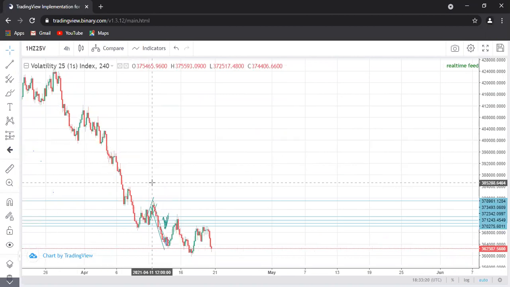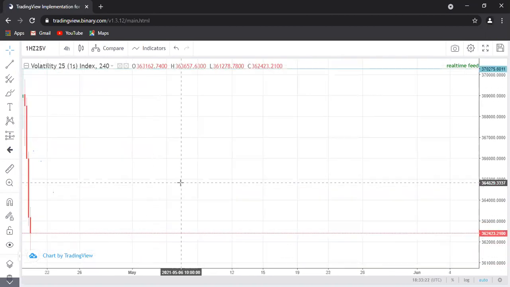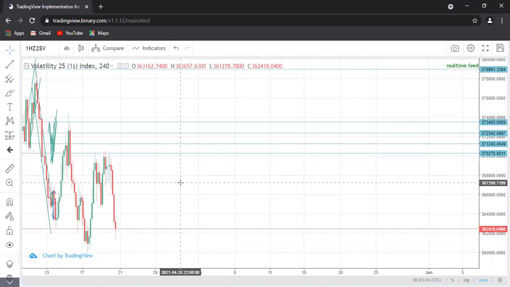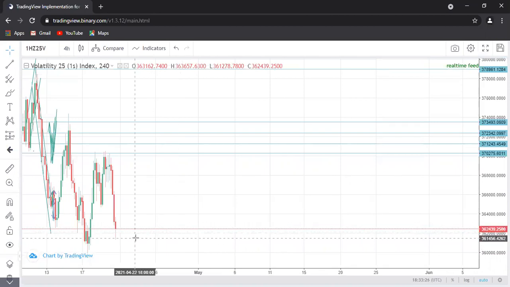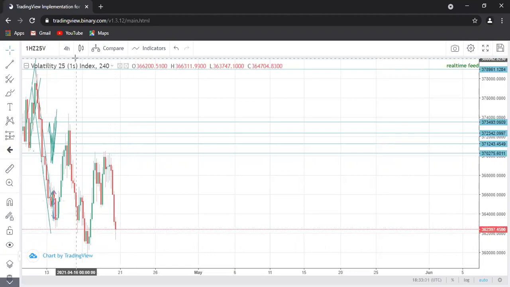Okay, now please can someone just tell me how to remove all this stuff? I'm not used to Zoom. Someone tell me how to remove all this right here.